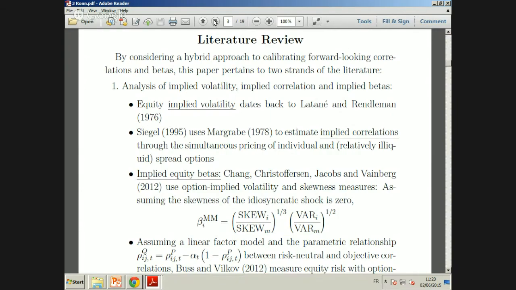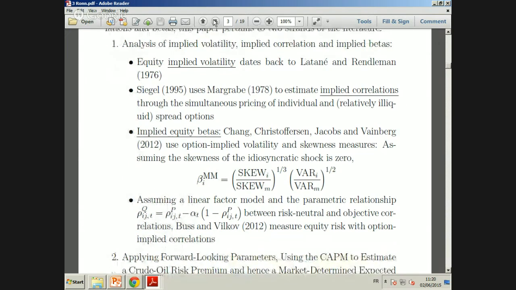Siegel and Margrabe have looked at that. And more recently, there's been a number of papers, this is one of the important ones, on looking at option implied volatility and skewness measures. And so CCJV, if I may call them that, have this relationship over here that looks at the skewness and variance in the option markets to extract an implied beta.